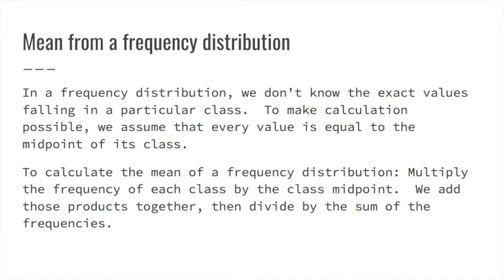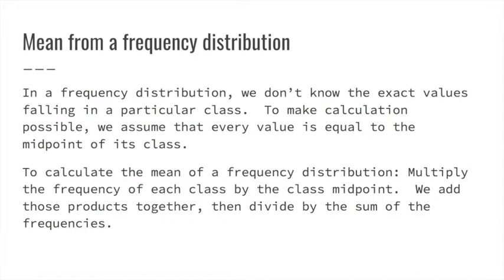And this here, mean from a frequency distribution, is probably the one thing that is brand new. You've probably never done this before. If instead of having the actual data listed for us, we have a frequency distribution, a table with the frequencies, which we created earlier in this chapter, there is a way that we can still find the mean.